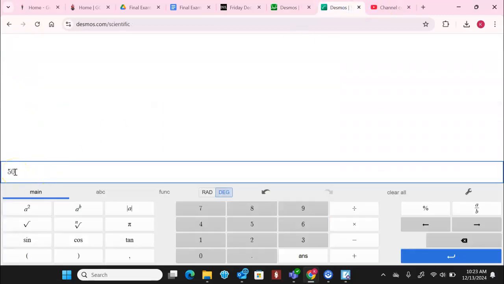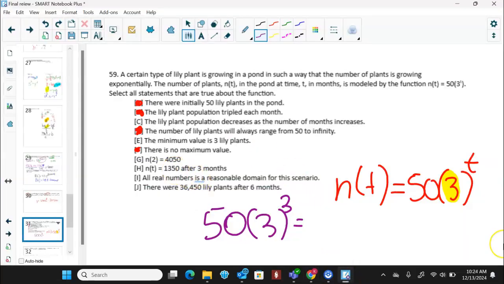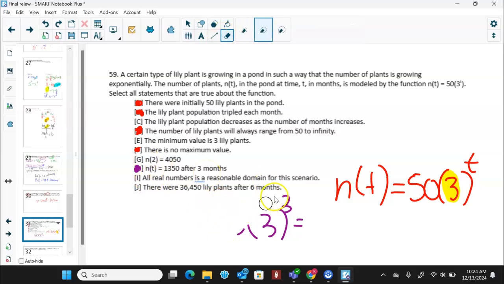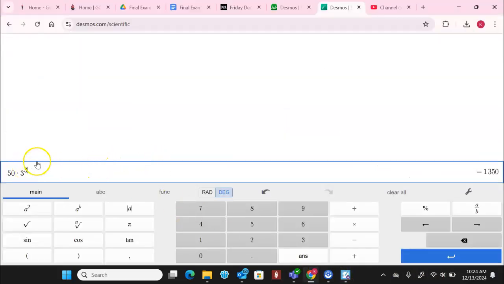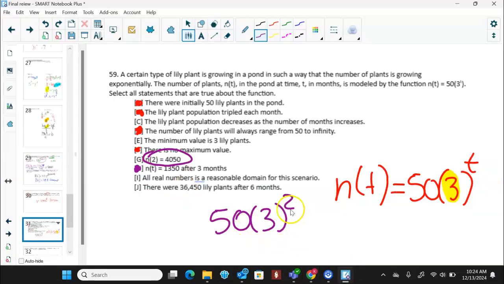So 50 times 3 raised to 3 months. It's 1350. 1350, that is a correct statement. So remember, you plug in 3 months for t, okay? And then again, you could have calculated the other one as well, other than looking on the graph. You could have plugged in 2 months right here and seen, so 50 times 3 squared, which is 50 times 9. And again, plug in and see, it's 450, not 4,000, okay?